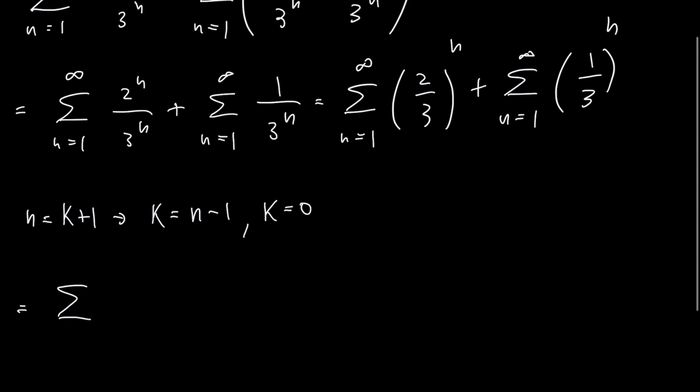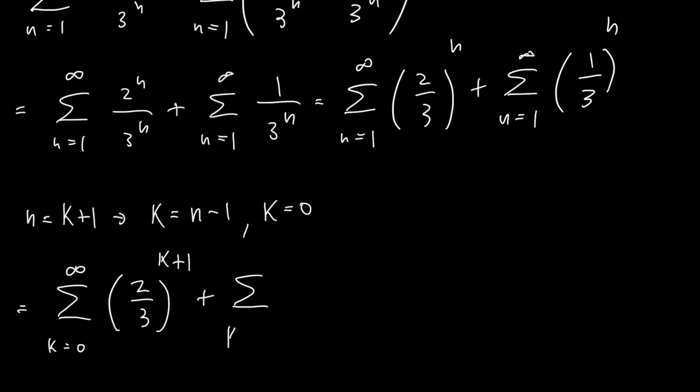So this is equal to the sum from k goes from 0 to infinity of (2/3)^(k+1) plus the sum from k goes from 0 to infinity of (1/3)^(k+1).